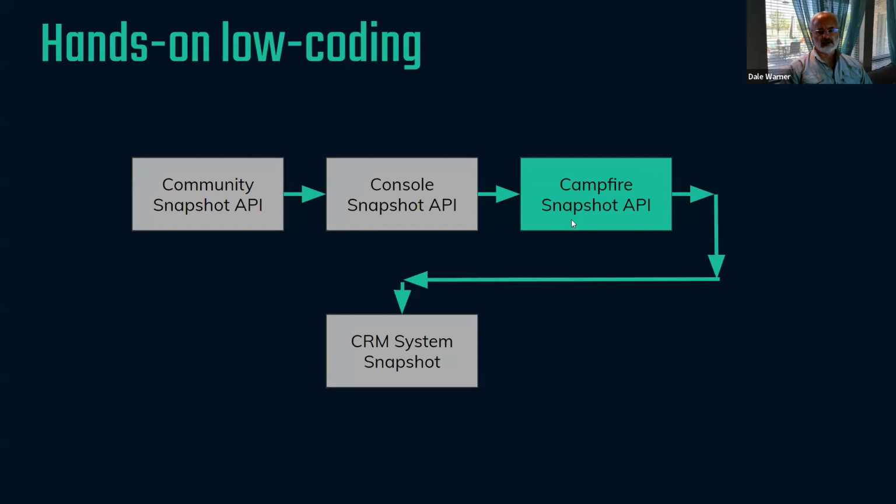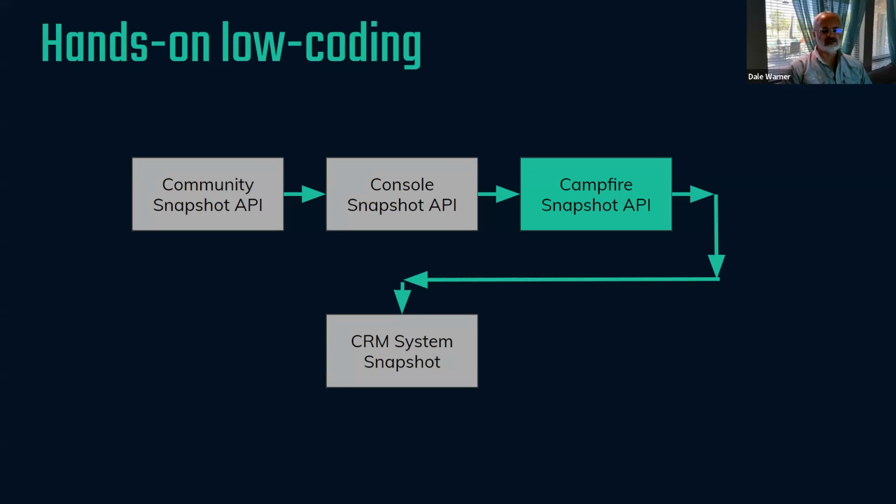We're going to build the API that returns information about your participation in Campfire, and then we're bringing that all together to do a snapshot on our CRM system. Our CRM system is actually called our GTM system. You'll see that here in a little bit, but we'll get one snapshot that includes your participation in all these places. So it's just bringing information together so that we can get a higher overview.